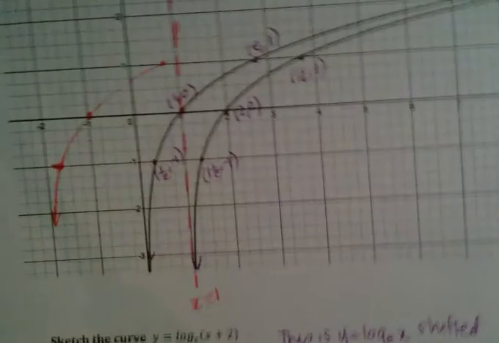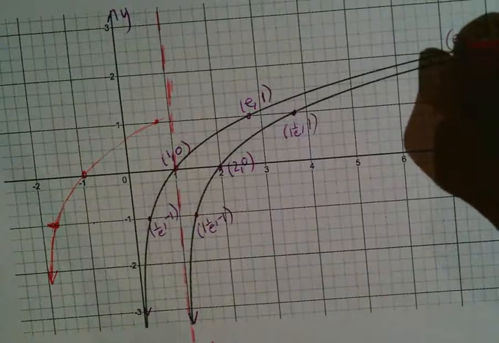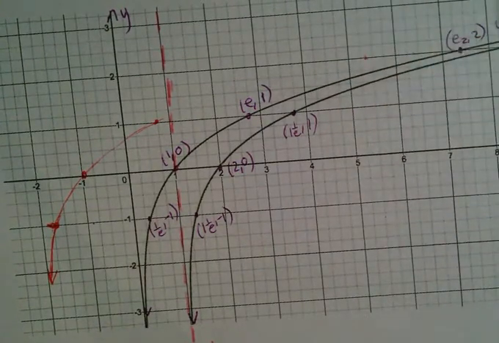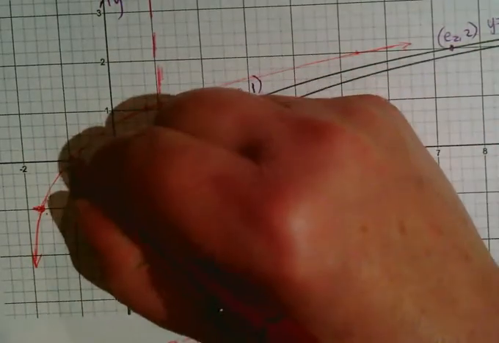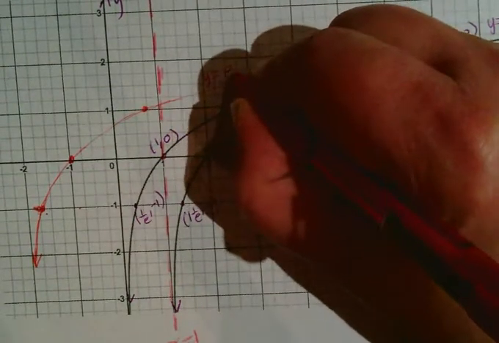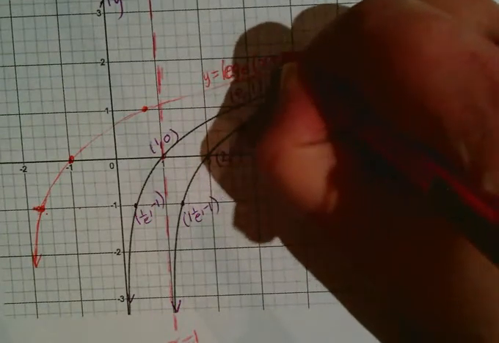Okay. All right, and just doing one more point, 2 units across from here would be about 1, about there. Okay, and you can extend that along. Plot the points, you can just plot a couple of points there. Okay, so this is y equals log to the base e of x plus 2.